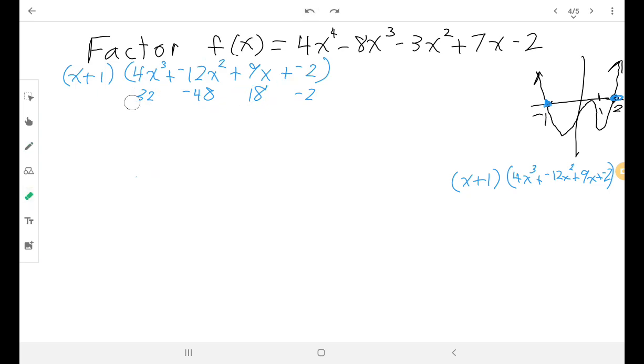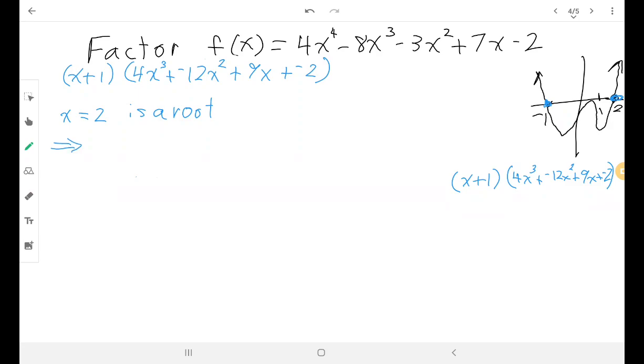So yes, indeed, 2 works. I hope everybody saw that. So we know that x equals 2 is a root, or a solution, sometimes called also.